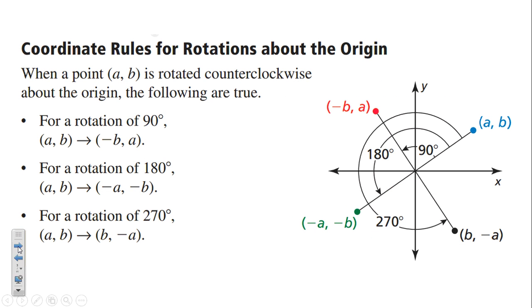So we have some coordinate rules for rotations, just like we did for reflections. Those coordinate rules about the origin, if we're rotating around the origin, the point 0, 0, are for a rotation of 90 degrees, point A, B is now going to be point negative B, A. So what did they do?